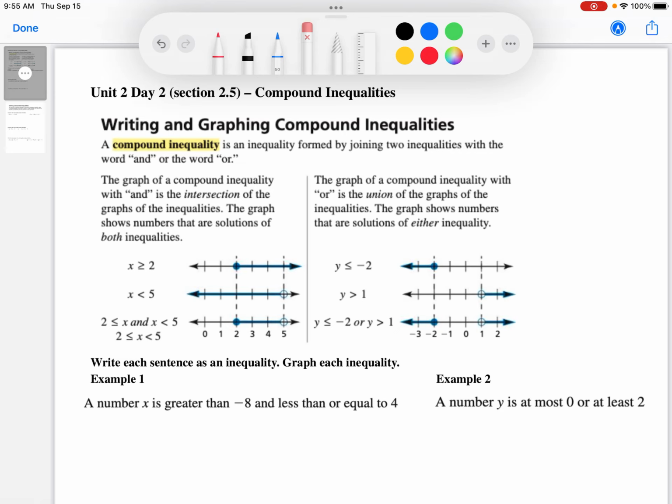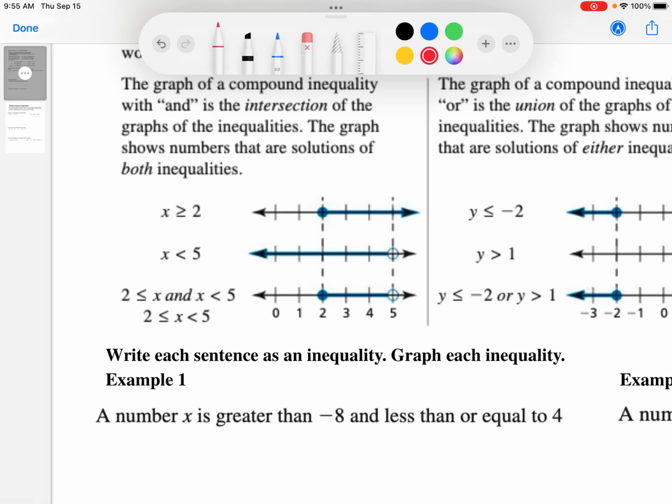Okay, so the big idea with a compound inequality is basically that you are combining two inequalities into one problem or one statement. And basically what that looks like is, if it is a statement that has the word and, or it doesn't have the word and, but it looks like this, it's going to end up being a graph where two lines run into each other, and a solution has to satisfy both inequalities.